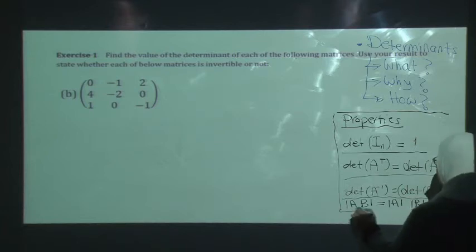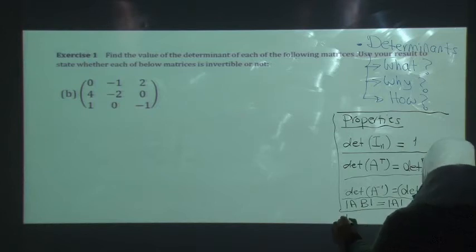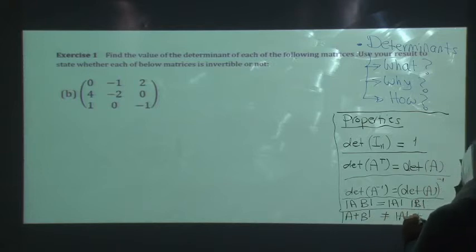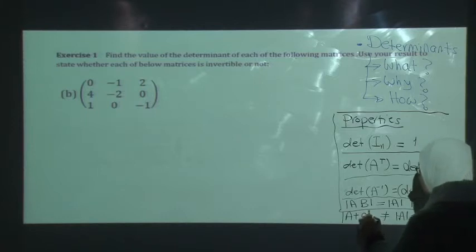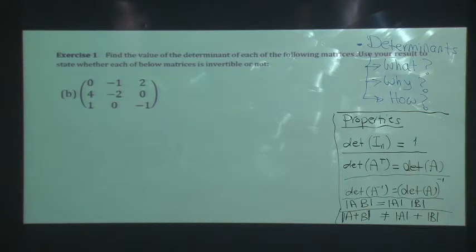So as if we are distributing the determinant over the product. What about the addition? Unfortunately, it cannot be distributed over the addition, which means that the determinant of the sum A plus B is not equal to the sum of the determinants of A and B.